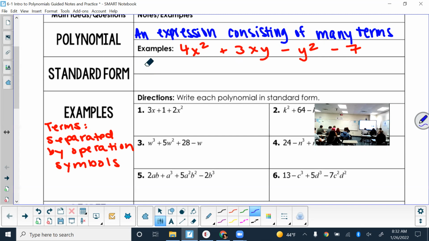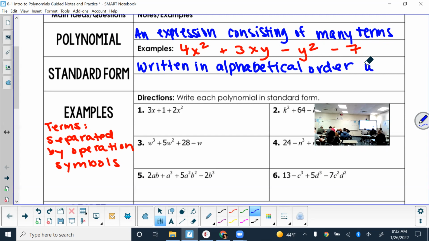So that means that it is written in alphabetical order with the highest exponent first.